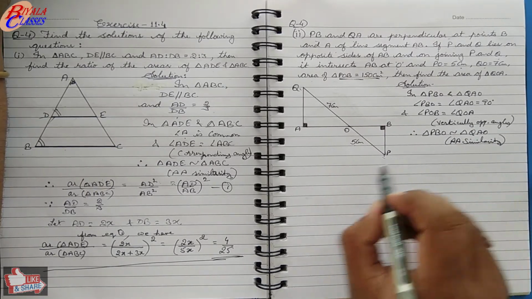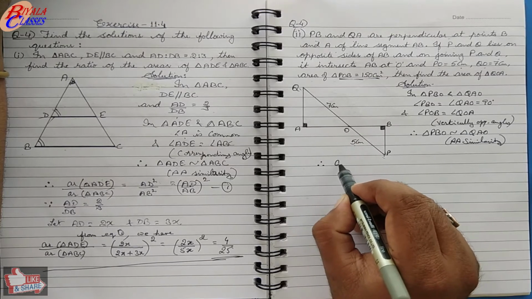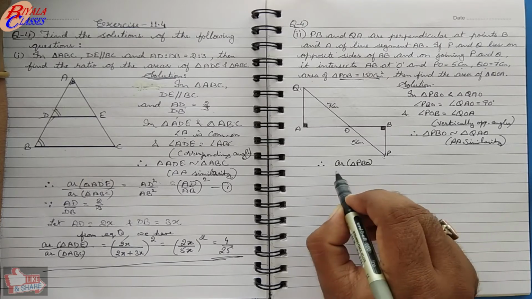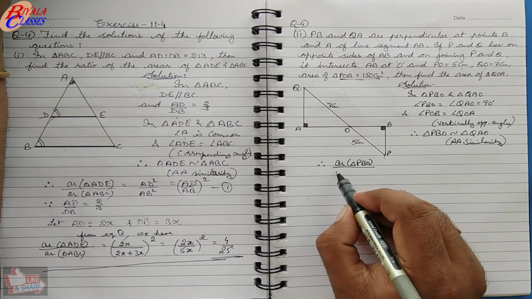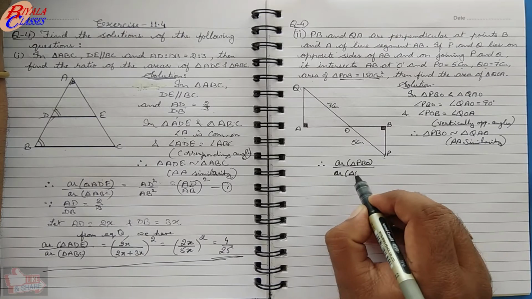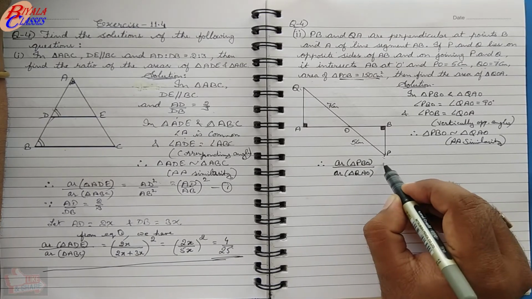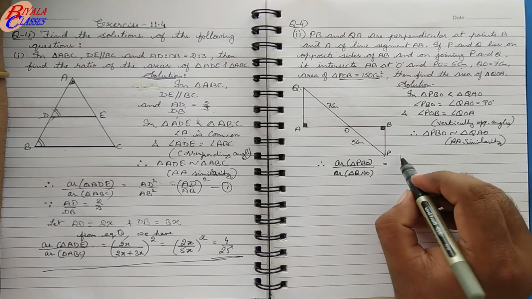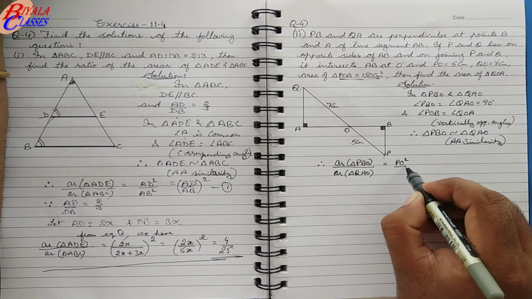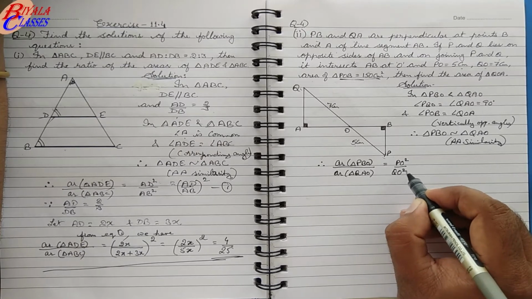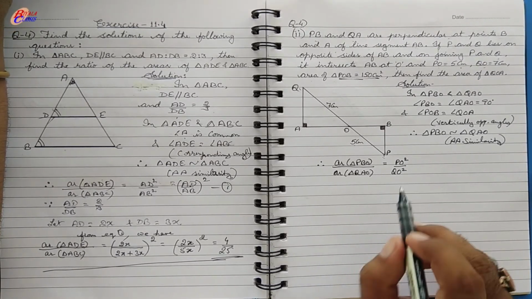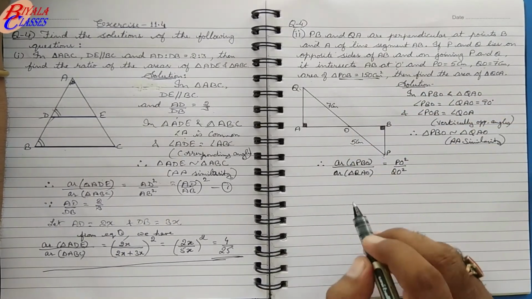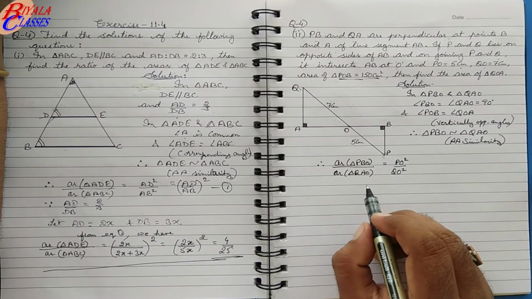Now triangles being similar, the ratio of their areas, that is area of triangle PBO upon the area of triangle QAO. What is the ratio of the areas of two similar triangles equal to? It is equal to the ratio of the square of their corresponding sides. So PO squared upon QO squared. Now here we will substitute whatever the values are given to us.